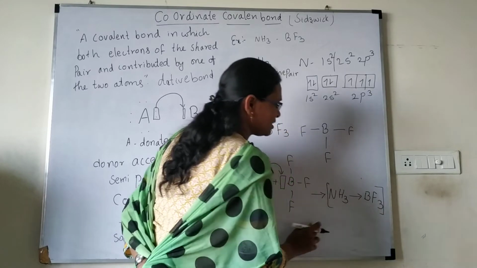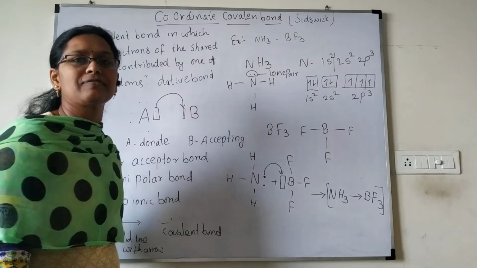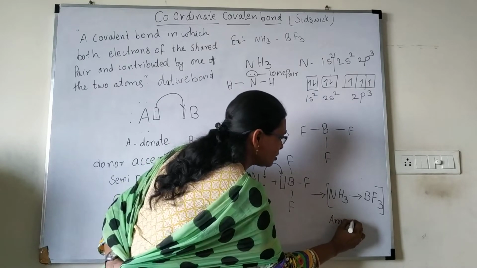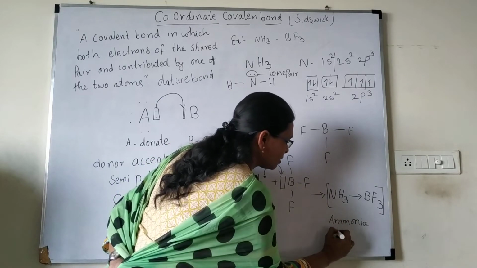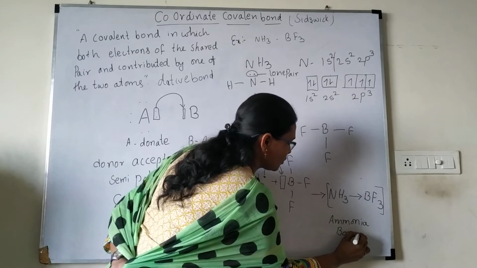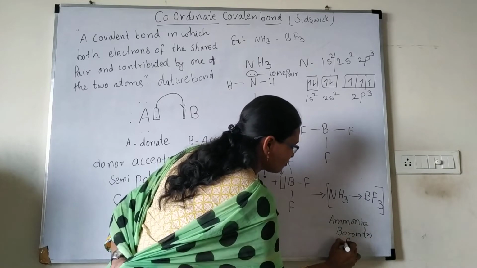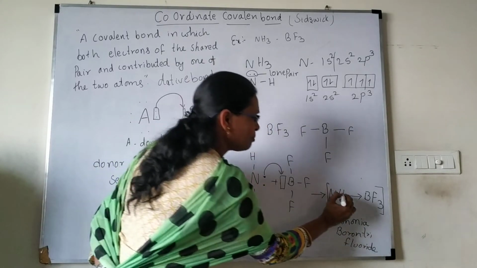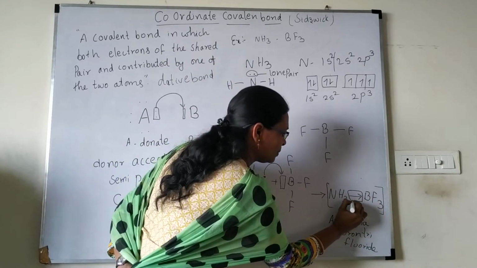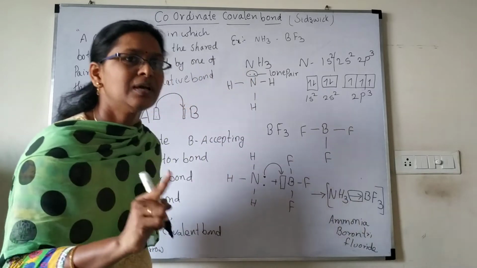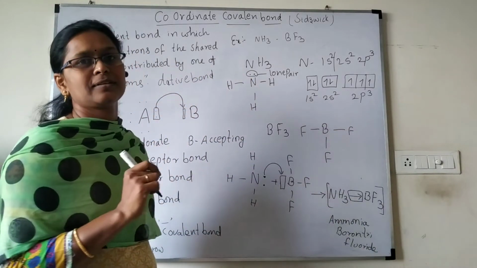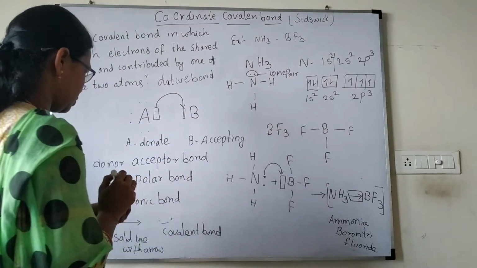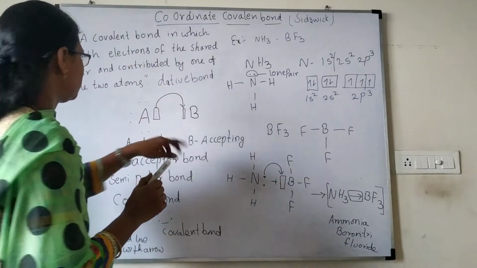So this we can say is the ammonia boron trifluoride molecule, okay. See here clearly, mentioning the dative bond here is compulsory; we have to remember this dative bond mention, okay. So like this we can say, and another example I will show you. So I hope everyone understood about this.